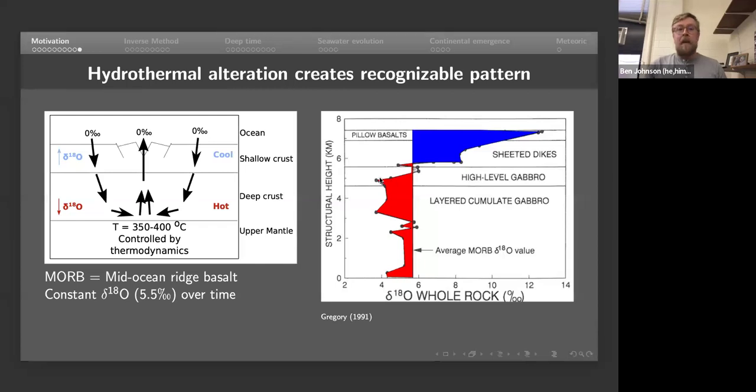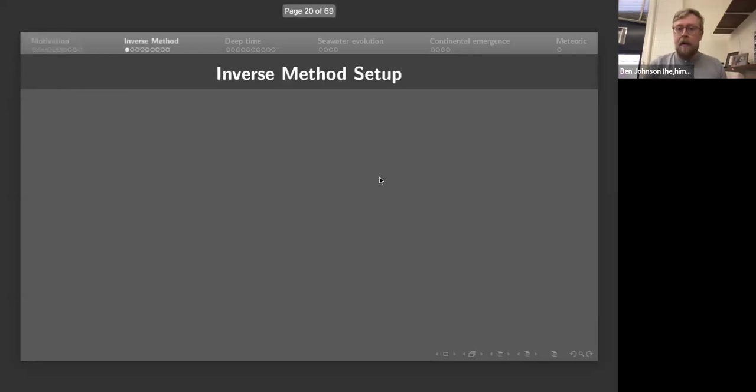How can we expand on this and quantitatively use the alteration patterns we see in these settings of crust to some way back out the initial value of the seawater? Because that's really what we're after. Does that crust remember the oxygen isotope value of the seawater when it was first infiltrating into that setting? And so to do that, we're using an inverse method, and I'm going to walk through the setup here.